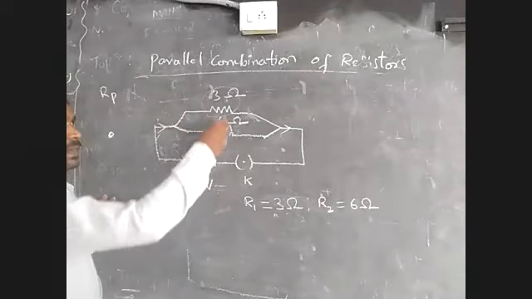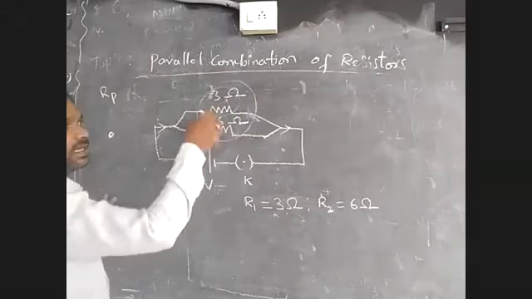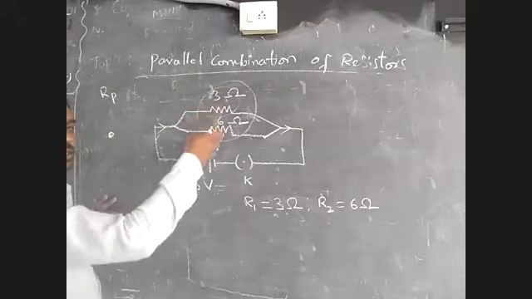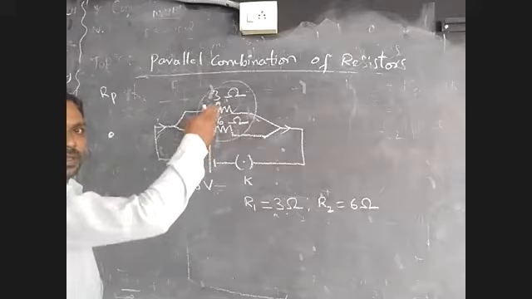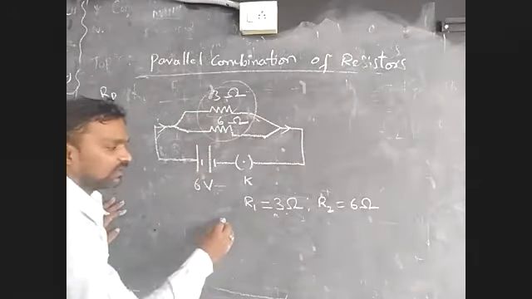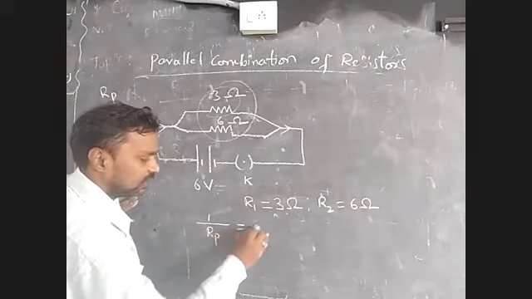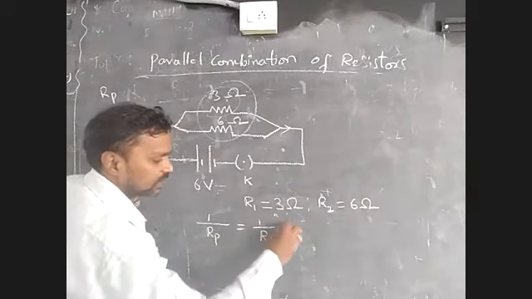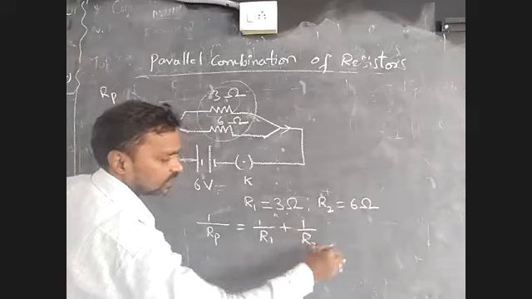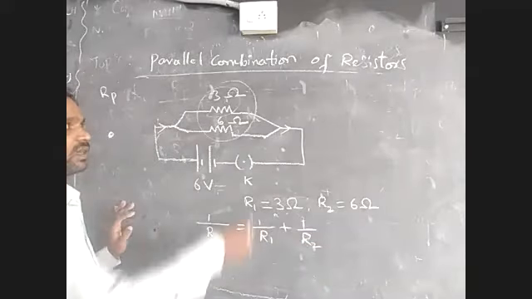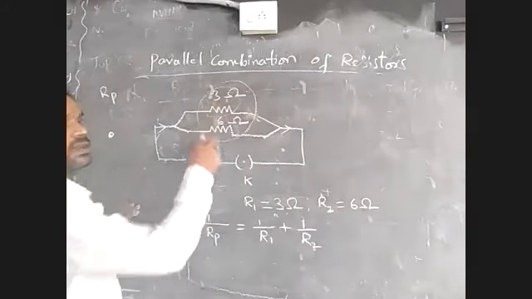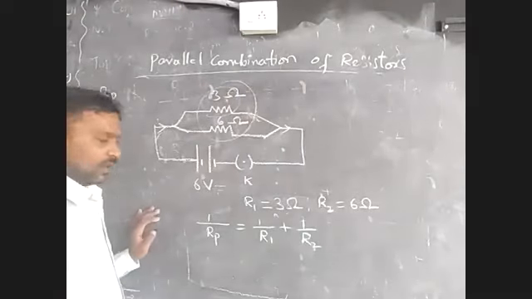Here it is a parallel combination. What is the formula I told you? 1 by Rp is equal to 1 by R1 plus 1 by R2. First you find the total resistance of this particular combination.